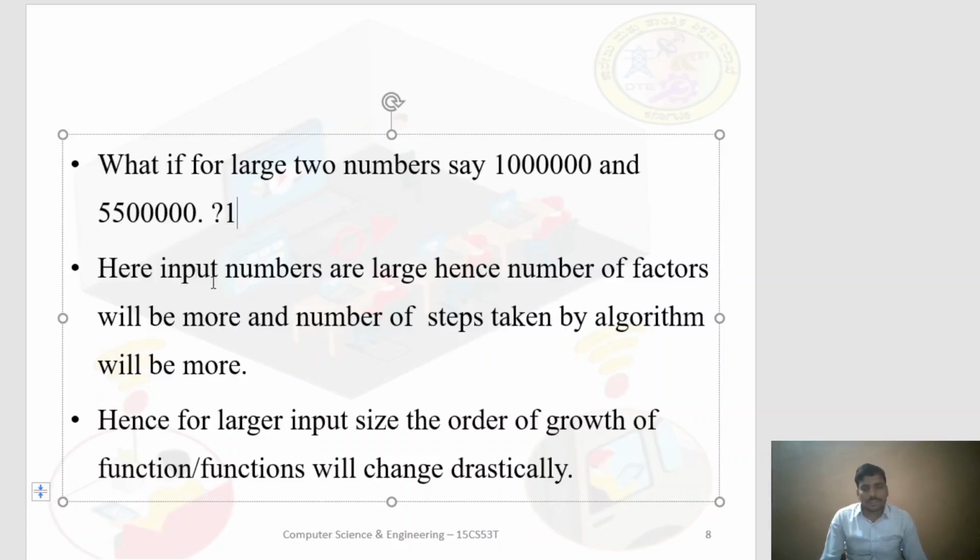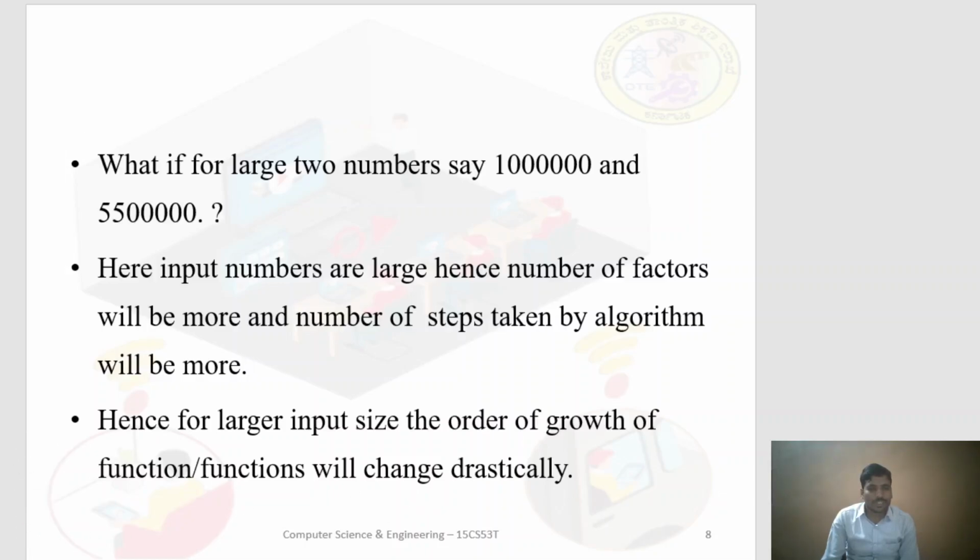Here, input numbers are large, hence the number of factors will be more, and the number of steps taken by the algorithm will also be more. Hence, for larger input size, the order of growth of the function will change drastically.